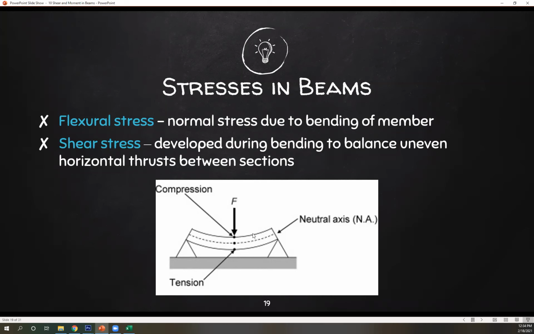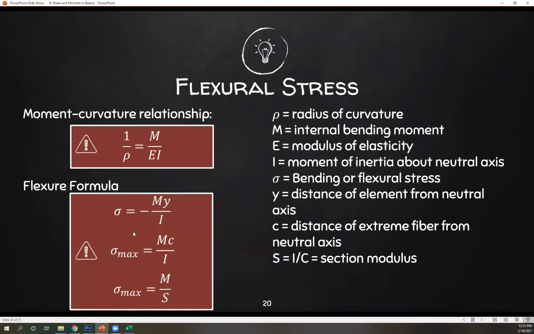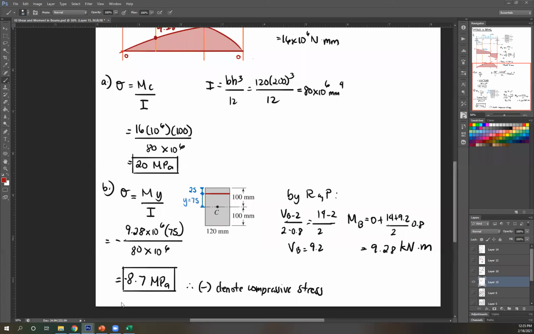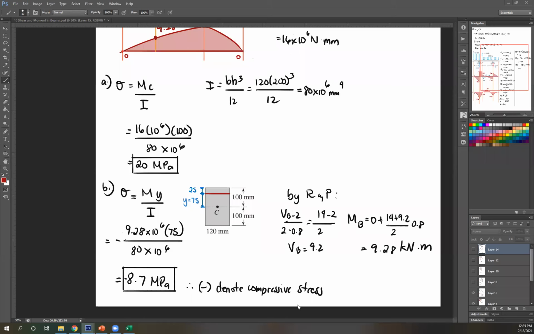That's why at the top you get a compressive stress. Here at the bottom, they get stretched out more. That's why you have a tension stress at the bottom. So as you can see here, this negative sign denotes you have compressive stress.